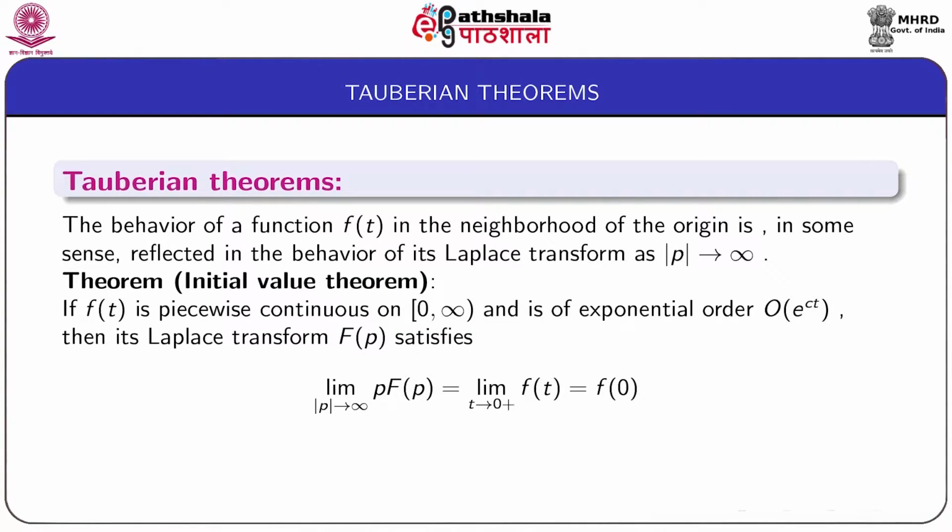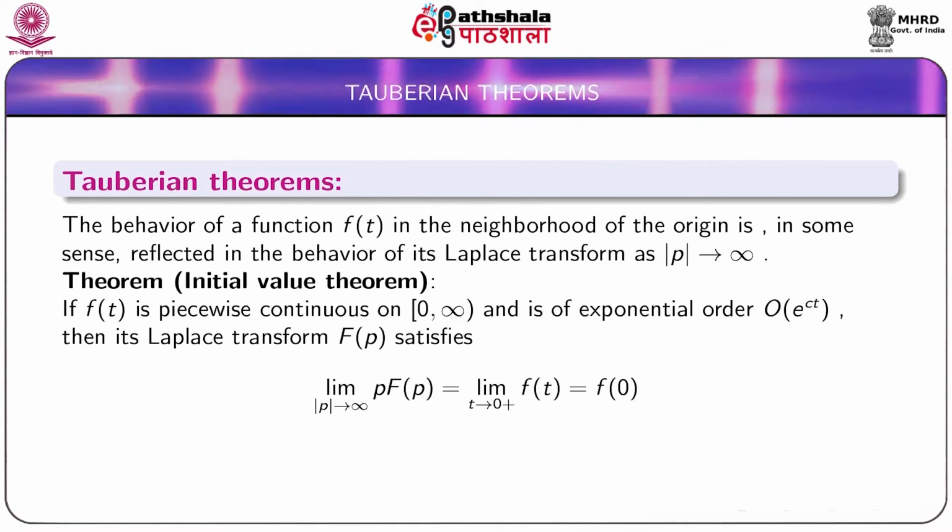Through these theorems, we shall see that the behavior of a function f(t) in the neighborhood of the origin is in some sense reflected in the behavior of its Laplace transform as mod p tends to infinity. That means the behavior of f(t) as t tends to 0 is reflected in some sense in the behavior of capital F(p), which is the Laplace transform of f(t), as mod p tends to infinity.